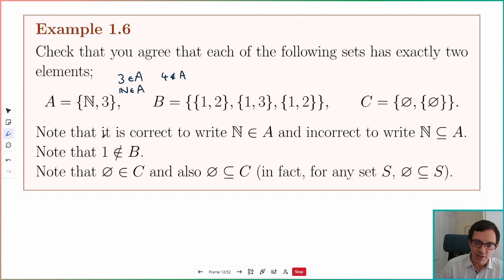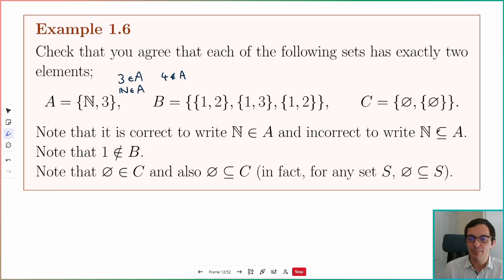I wrote this out so it's correct to write that the naturals is an element of A. It's not correct to write that the naturals is a subset of A. So you can't just do this on autopilot, always writing this symbol for numbers and this symbol for sets.